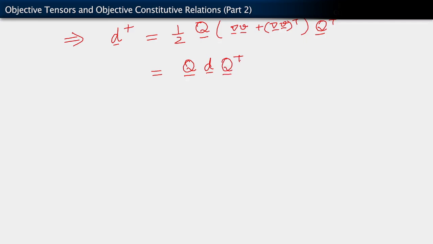So, whereas the spatial velocity gradient itself does not transform objectively, the rate of deformation tensor does transform objectively. So what this says is the rate of deformation tensor is objective.